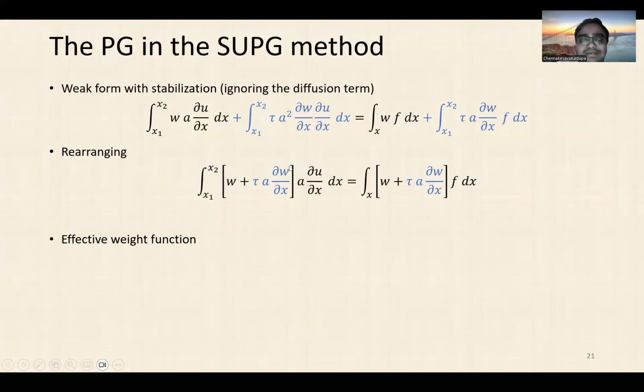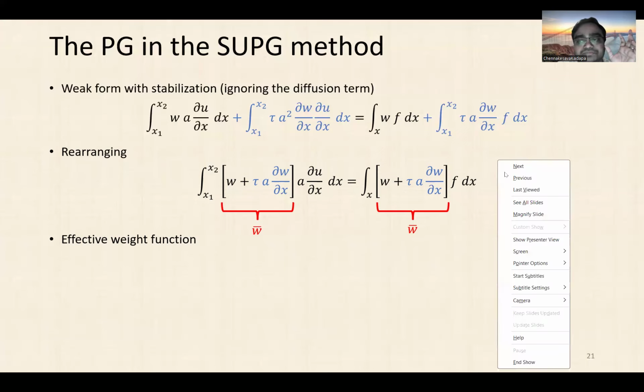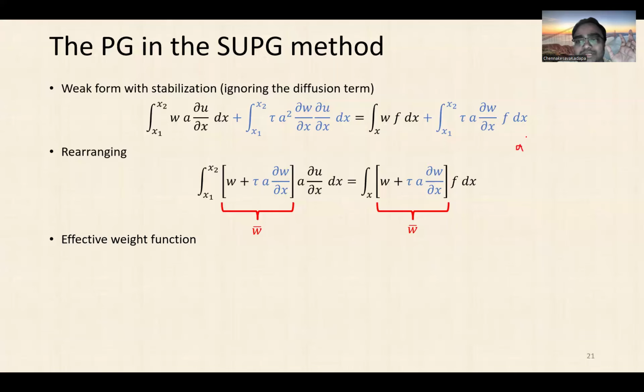Now we can denote this as an effective weight function. For example, let's say we start with our PDE, dou u by dou x minus f, that is, dou u by dou x equal to f.